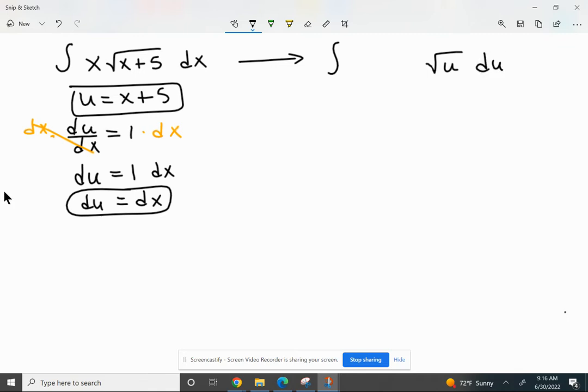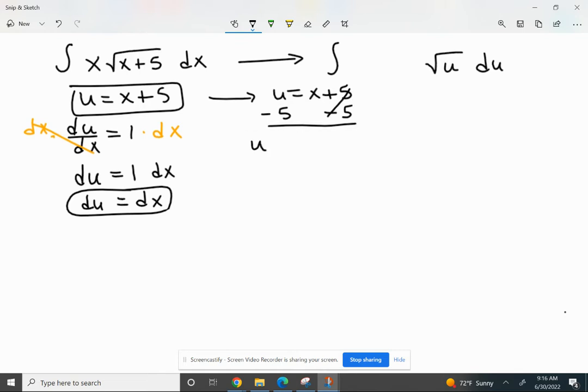The only thing that was kind of funky was this x. I've got to get rid of that x, and it's really simple. If I want to name it in terms of u, I can take the equation u is equal to x plus 5 and simply solve it for x by subtracting 5 from each side.